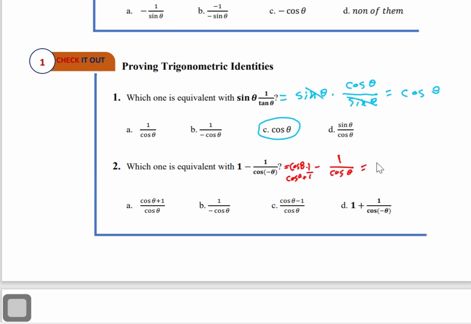So it will be cosine theta over cosine theta minus 1 over cosine theta. We can say that it will be cosine theta minus 1 over cosine theta. So which choice we have as this one? We have branch C, which is the true answer.